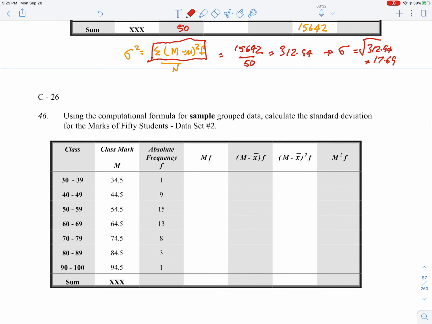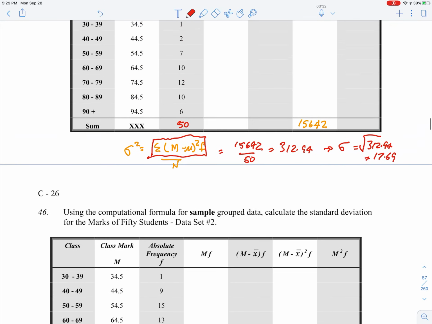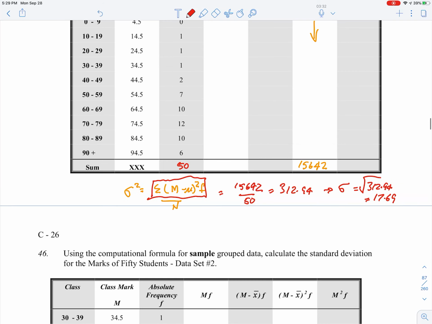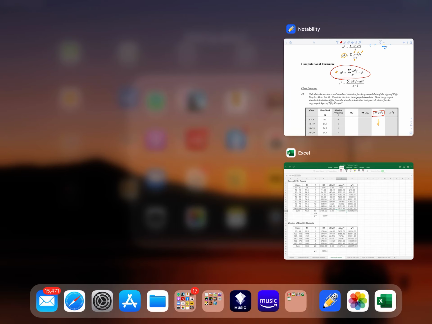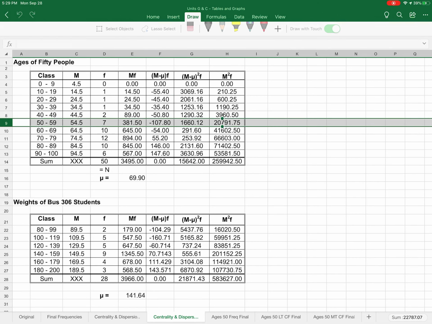All right, I'm going to leave this one here for homework for you. No, sorry. We also want to use the computational formula for this. So the computational formula then is using this guy right here. And so what we do is we go over here and we say, okay, instead of using this column here, let's see, I think I was using the 50s, right?